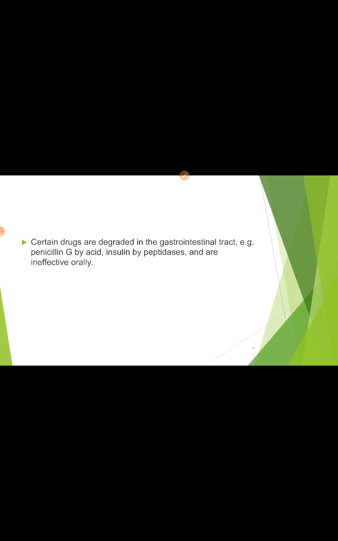Now certain drugs are degraded in the gastrointestinal tract by different enzymes and by the presence of acid. What are those drugs? For example, penicillin G is degraded by acid and insulin is degraded by peptidases, and these are ineffective orally. So again, they have to be given by the parenteral route.